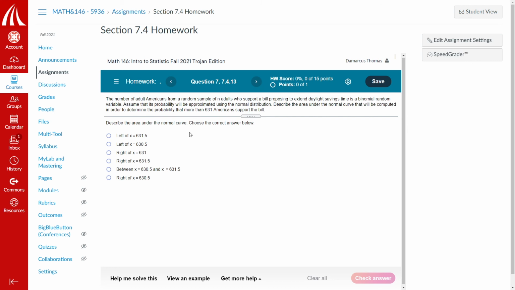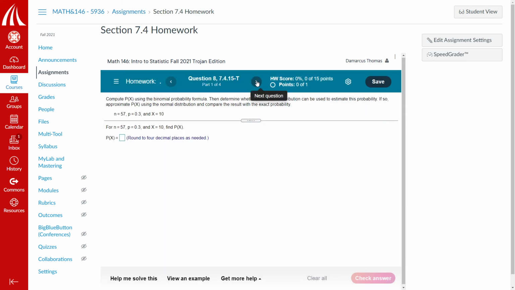Yeah, this isn't too bad. Basically, they're saying we can approximate the binomial problems with the normal CDF one and get pretty accurate. All the conditions will have to be met in order to do that.